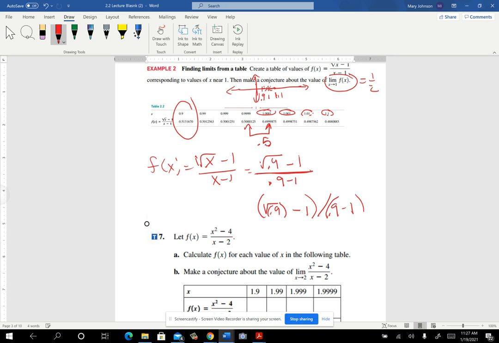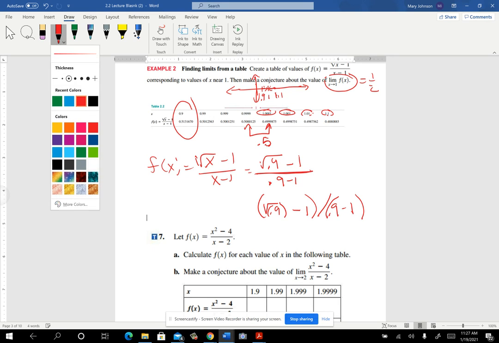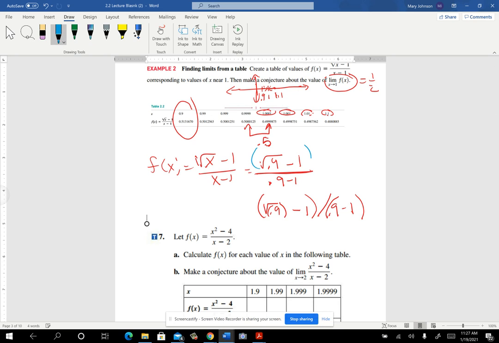There are some understood grouping symbols here. If you're going to enter these expressions, it works well to have that in your calculator. And then as you're varying what the x is going to be, you just adjust this.